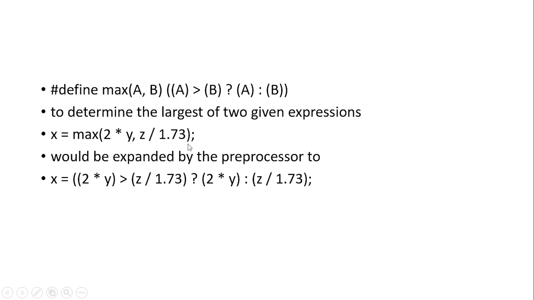If this condition is true, then the result is 2 * y, because that is the largest, and that will be assigned. Otherwise, z / 1.73 will be the largest. That is given here.